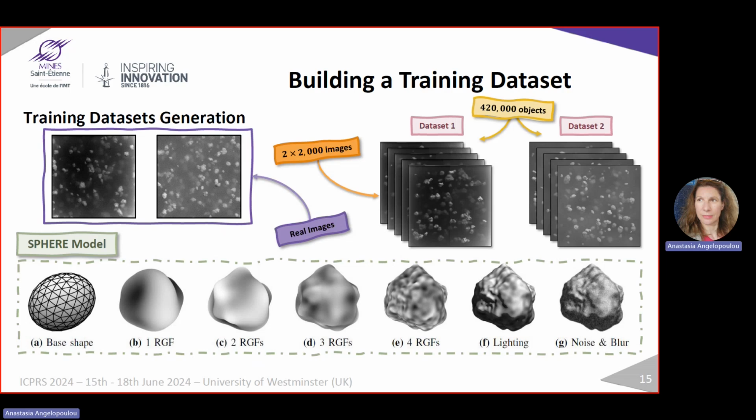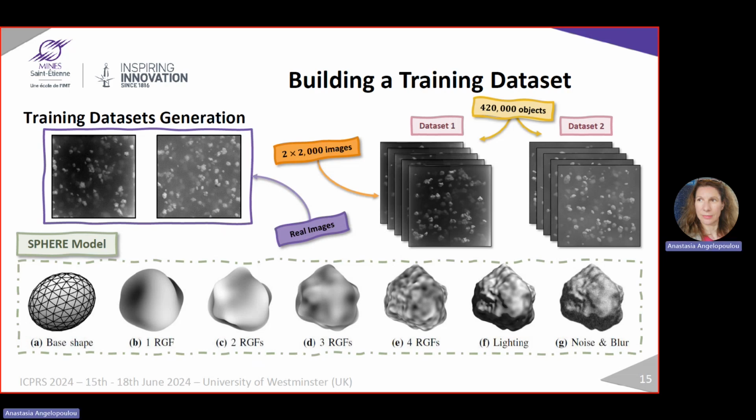So we created 2 different datasets that you can see on the right, dataset 1 and 2, that are also fairly different in terms of lighting condition and density of objects and so on. We have more than 400,000 aggregates in total that we use to compose a total of 2 times 2,000, so 4,000 images.